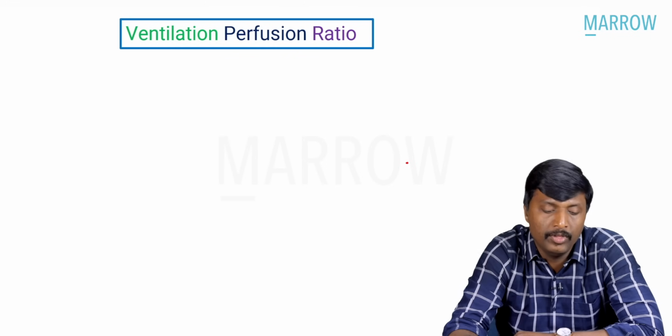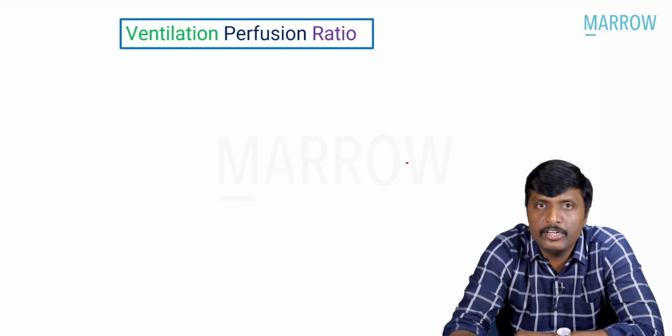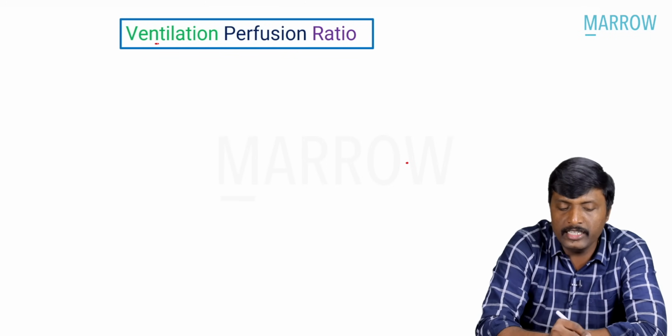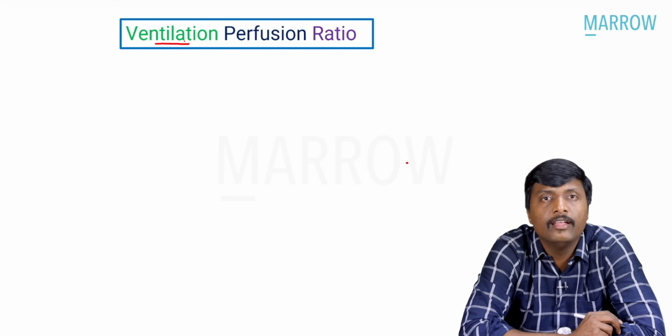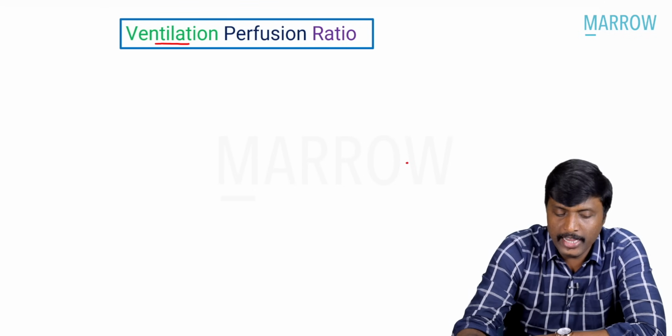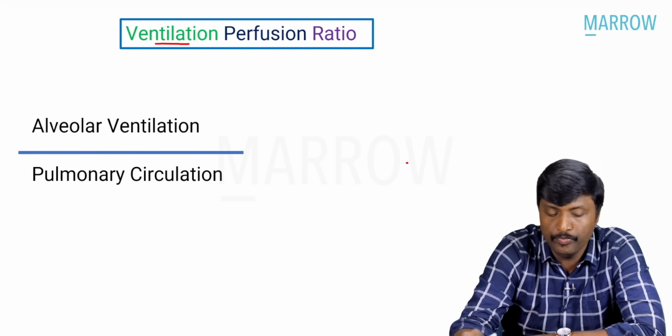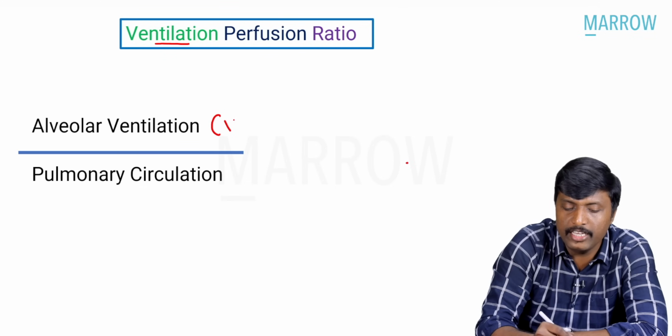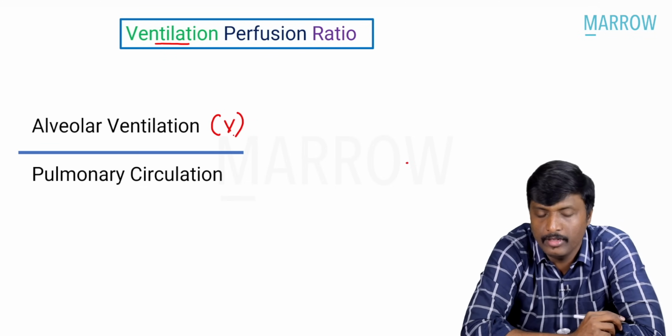Very simple one. What is this ventilation perfusion ratio, sir? We are considering useful ventilation, and that useful ventilation is alveolar ventilation. And we also have the perfusion, that is pulmonary circulation. How to calculate this VQ ratio? This alveolar ventilation is the V factor.